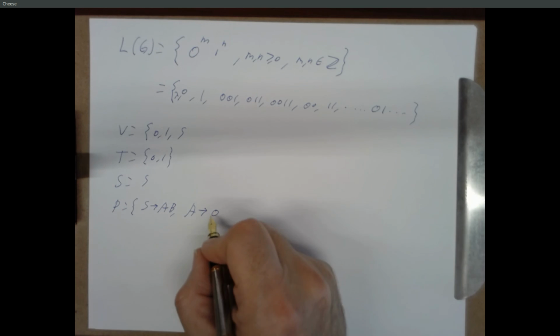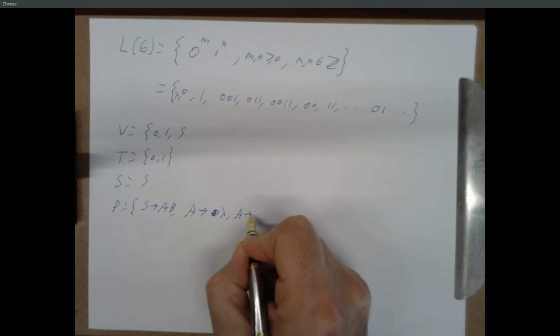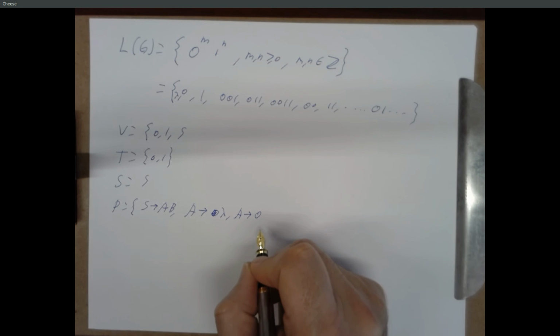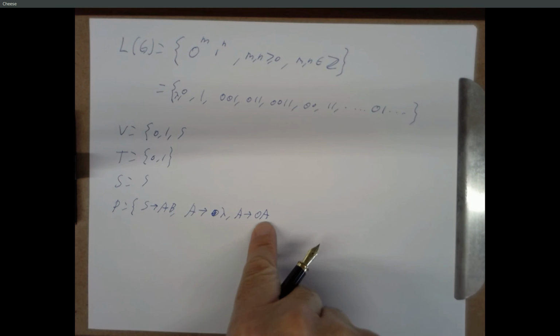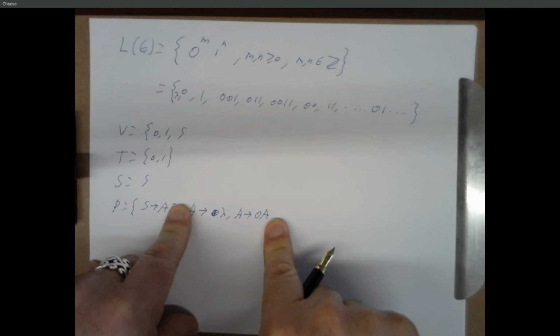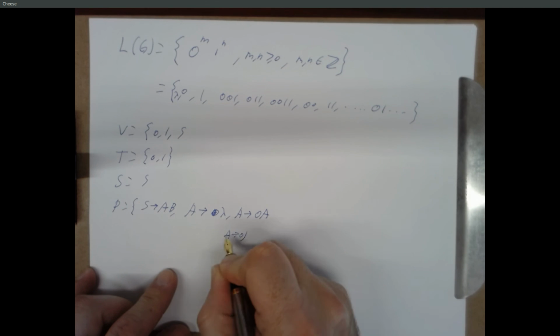So A into lambda, A into 0, or A into A0 again. Okay, I'm going to say 0A, and I'll tell you why in a minute, instead of A0. And if A can go into 0A and A can go into lambda, these tell you that A could just go to 0. So we don't really need a separate one for A goes to 0.